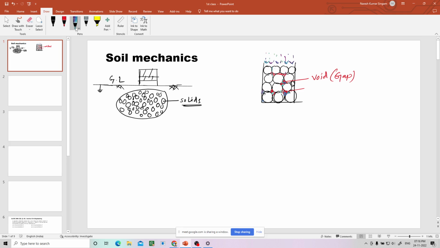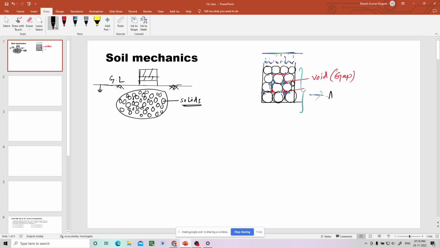Another thing is, if you pour sufficient water from the top, then all the voids will be filled by this water. If you are not pouring sufficient water, what will happen? Some voids will be half filled, some voids will be fully filled, some voids may be completely empty.